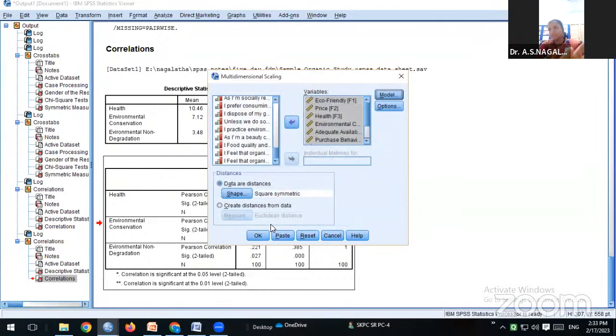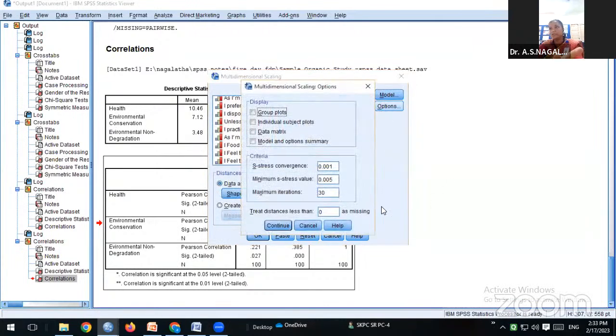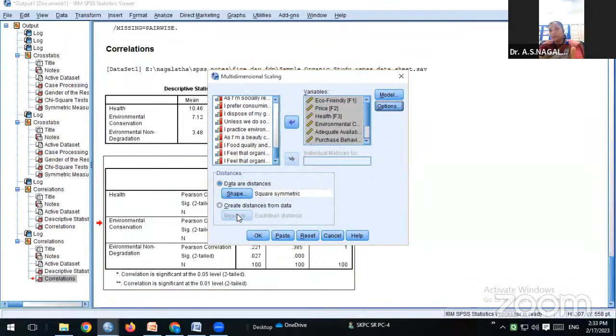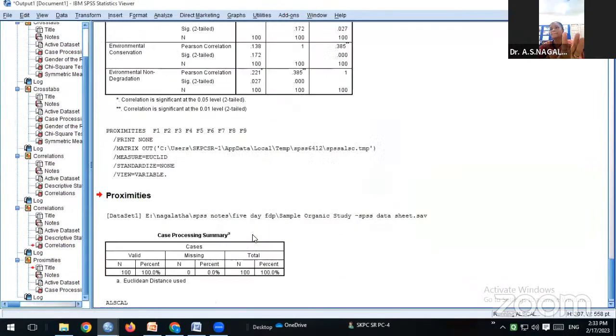So you have to give only continue. Go to option. In the option, you have to choose group plot, individual subject plot, data matrix, model. Then give continue and go here, create distance from data, elicited distance. Then click OK.